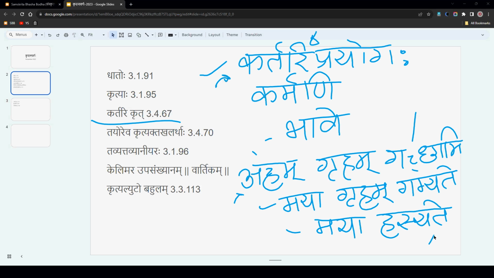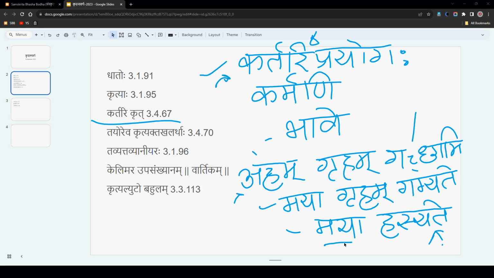In bhave, the kriyapadam is in the bhave prayoga, and the kartapadam is in tritiya.